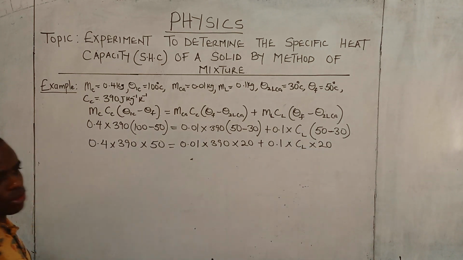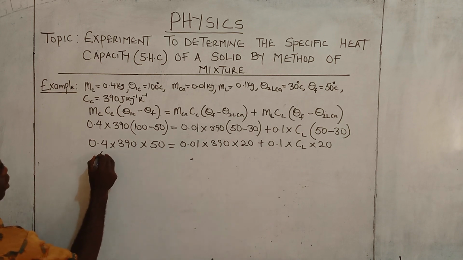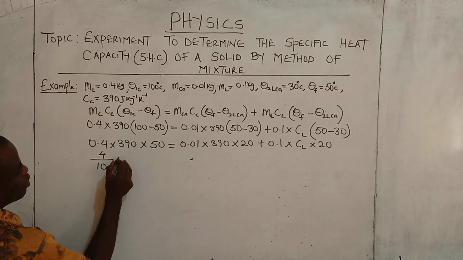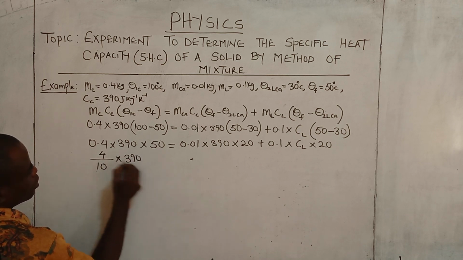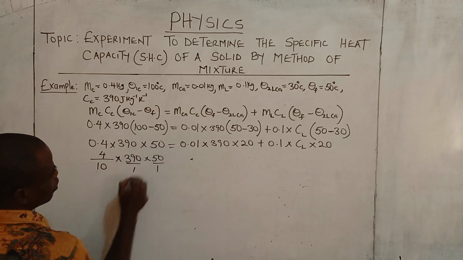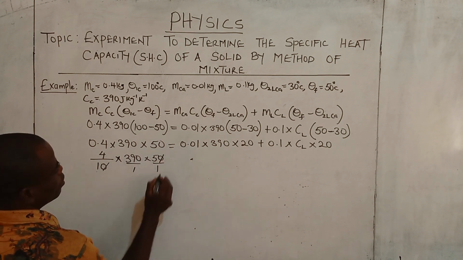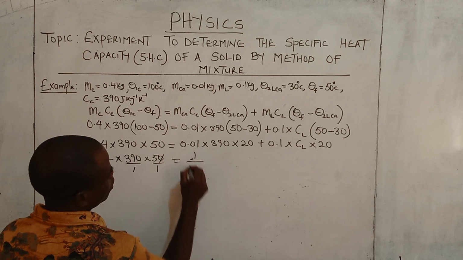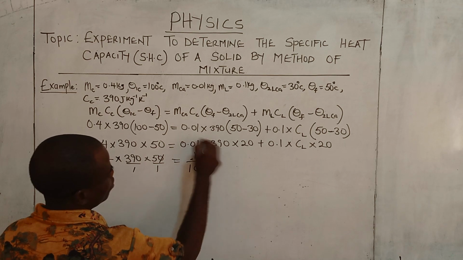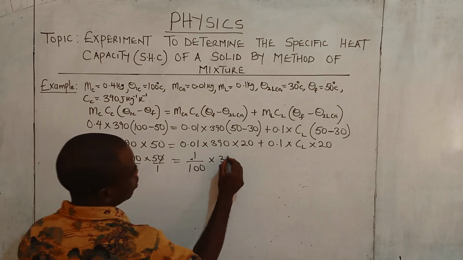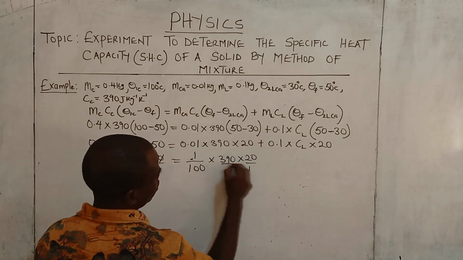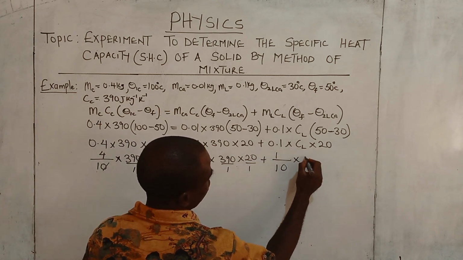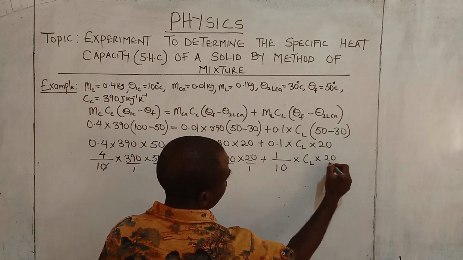Now let's turn it to fractions in the multiplication so that you can really divide. The decimal 0.4 becomes 4 over 10, times 390 times 50, and 0 cancels 0. Equals 1 over 100, decimal shifted 2 places, times 390 times 20, plus 1 over 10 times CL times 20.